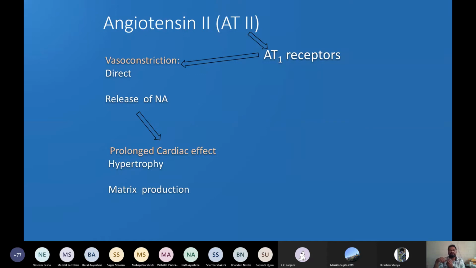Okay, hypertrophy, and then matrix production. Why is the heart being hypertrophied? Hypertrophy means it becomes bigger. Okay, why is it getting bigger? Because if you overuse something, it becomes bigger.